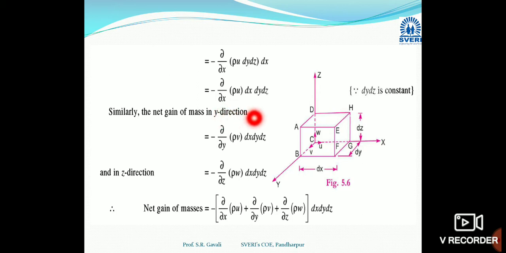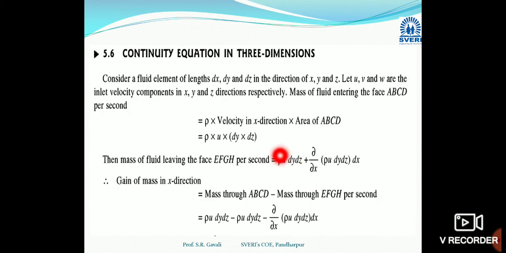For example, dy and dz. So the cross-section area will be BC length and CD length, dy into dz. Then it is equal to rho into u into dy dz.